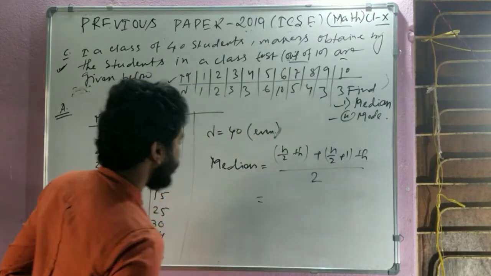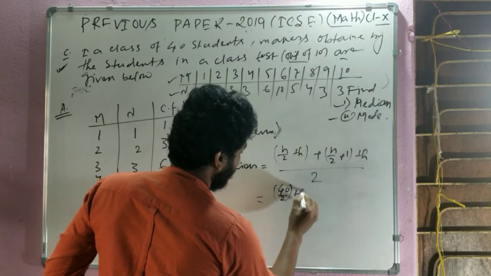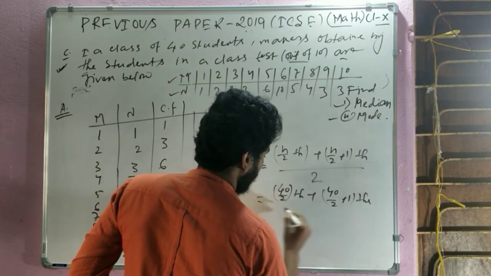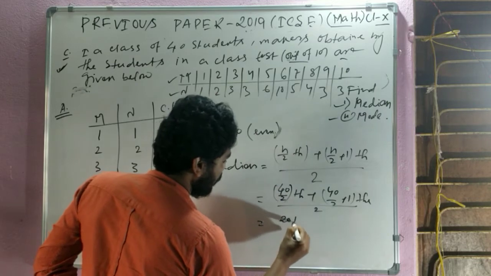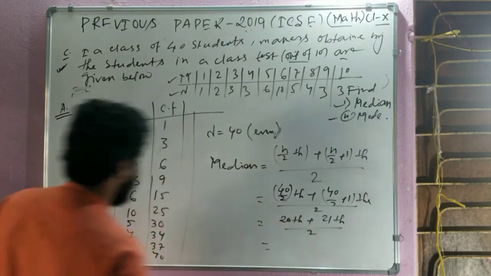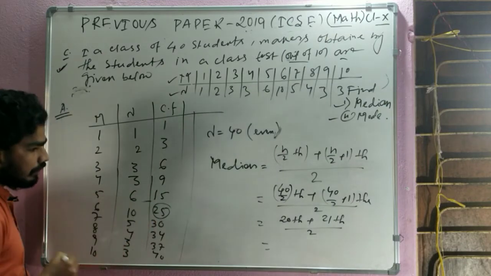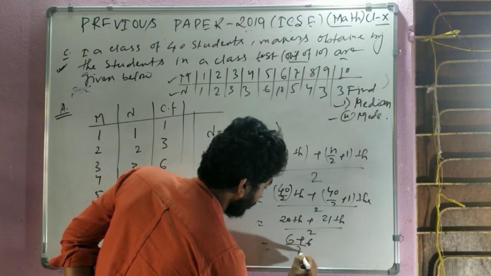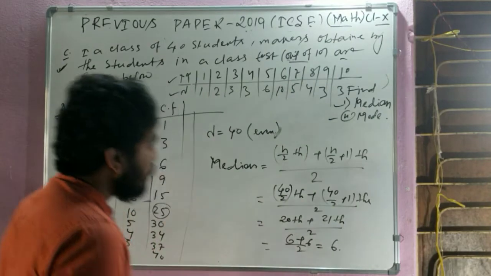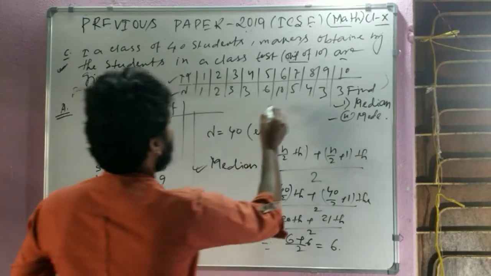Here n is 40, so 40 by 2 is the 20th observation plus the 21st observation, divided by 2. The 20th observation is 6 and the 21st is 6. 6 plus 6 by 2 means 6. This is the median.